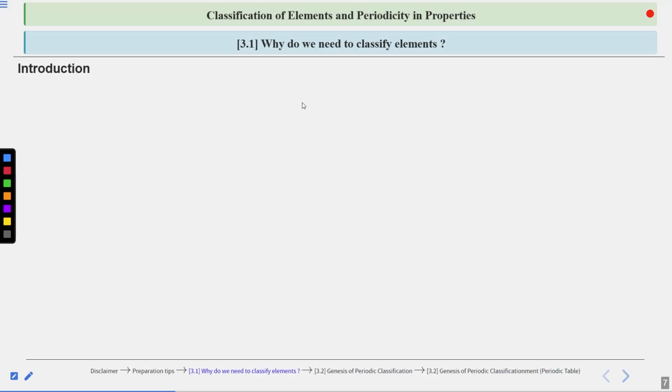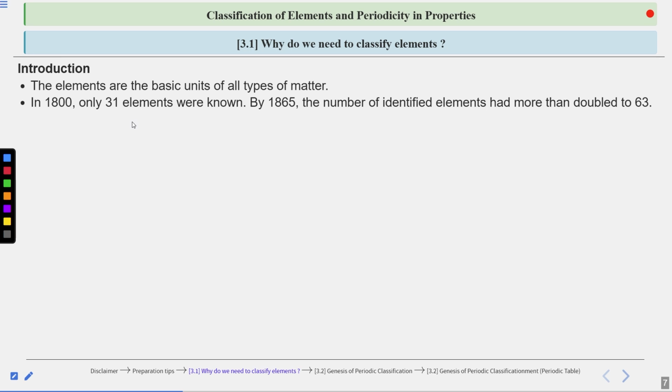So the very first point which should come to your mind is why we need to classify elements. We know that any matter that you see around you, including this table, any chair or water molecule, is made up of elements. Now, in 1800, only 31 elements were known.